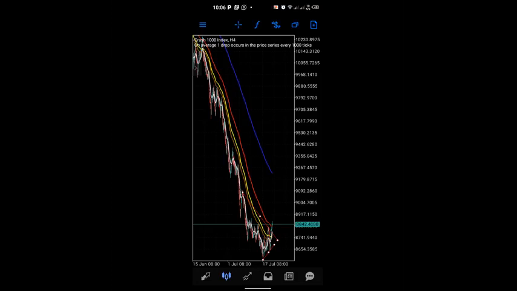For example, I use four moving averages: the 4 EMA, the 9 EMA, the 50 EMA, and the 200 EMA. The 50 EMA and the 200 EMA tell me the trend and the path of the market. The 50 EMA also gives me what we call dynamic support and resistance.